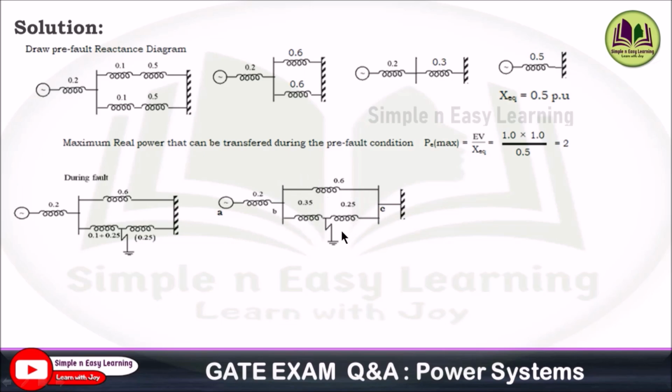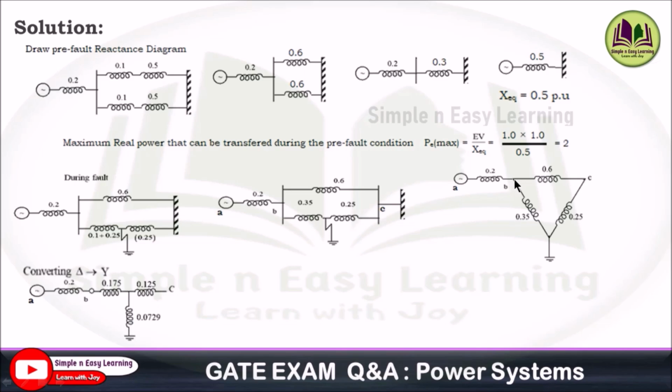Now we can simplify this. This is in delta format: 0.6, 0.35 and 0.25. Now we are going to convert this delta into star. At point B, the reactance value is 0.6 into 0.35 divided by the sum of all three reactances, which gives 0.175.